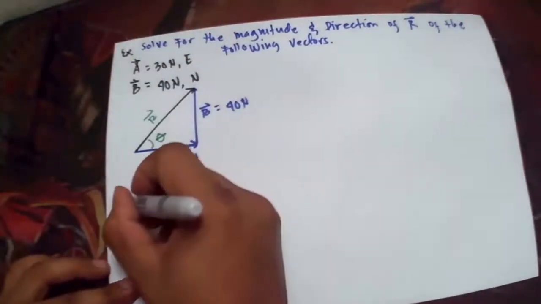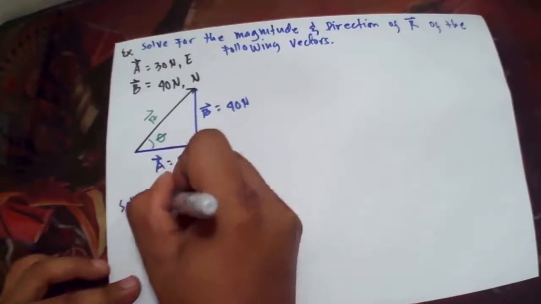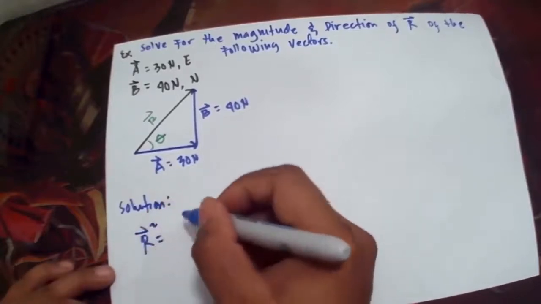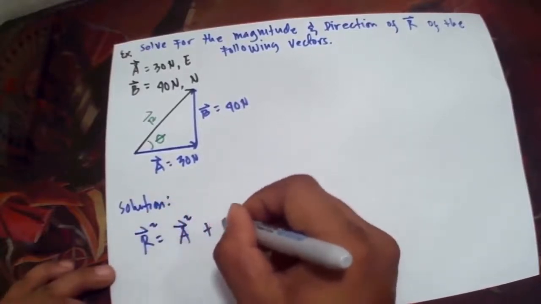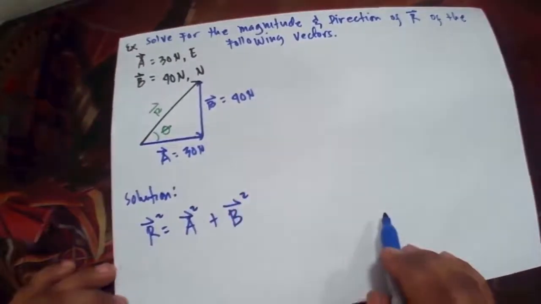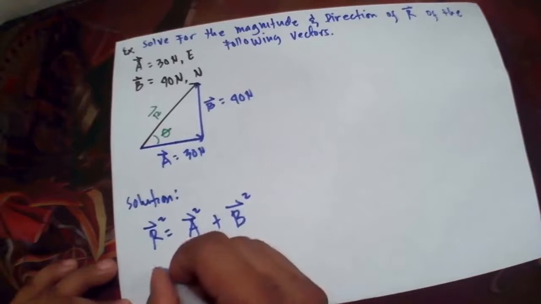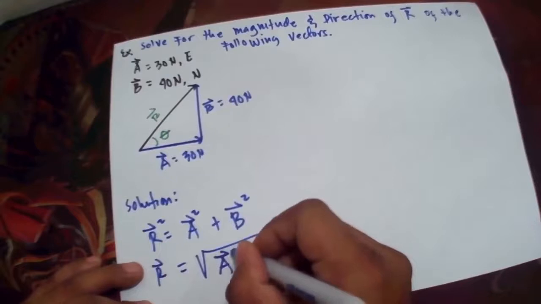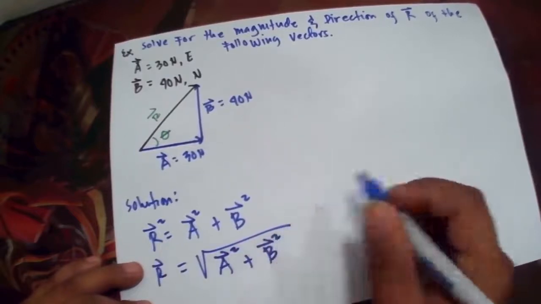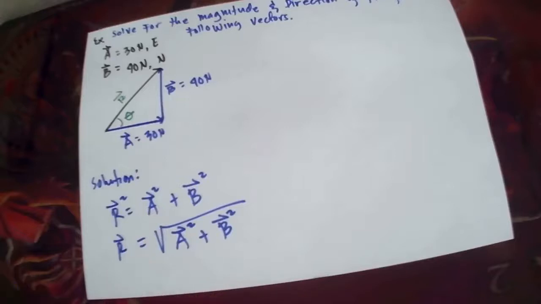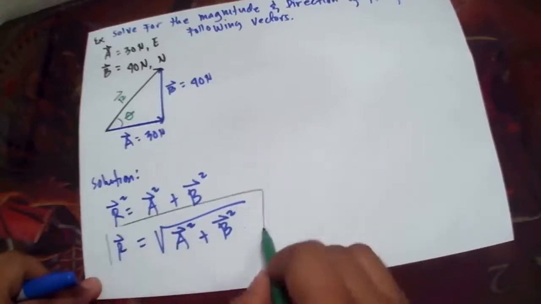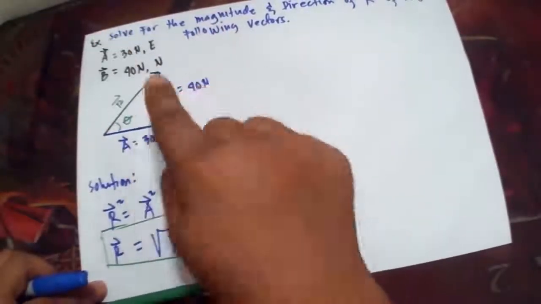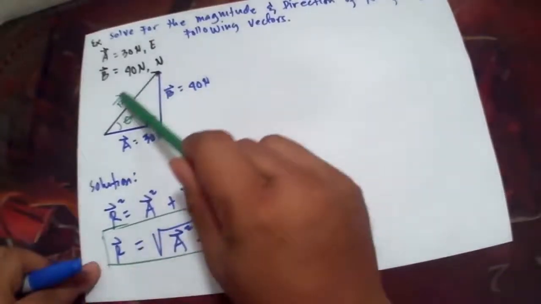So solution, resultant vector R equals square root of vector A square plus vector B square. Okay, now this is our formula. This will be the equation that we're going to apply to find the resultant vector.